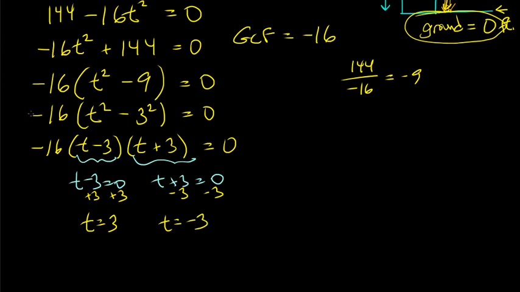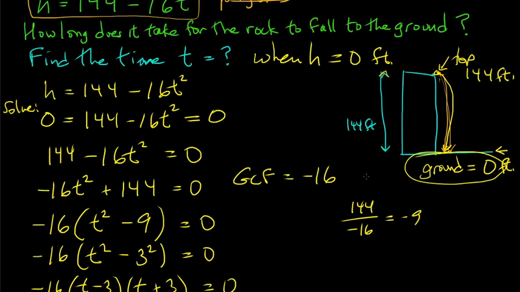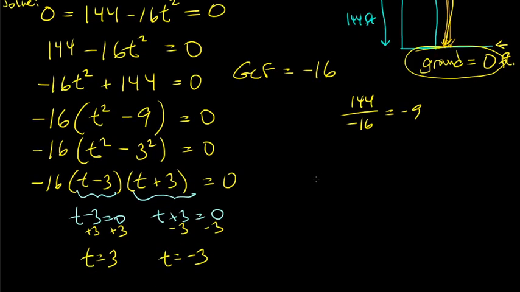Okay, so which one makes sense here, right? What does t equals negative 3 seconds mean? Well, it was 3 seconds before we dropped it. We don't care what happened before we dropped it, right? We care what happened after we dropped it. So I think we can ignore the negative time. Negative time just means you're going backwards in time.